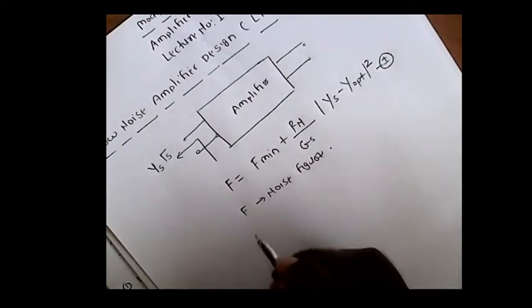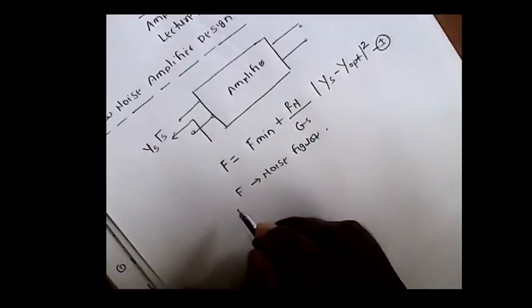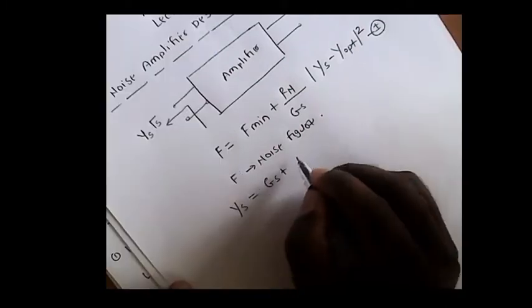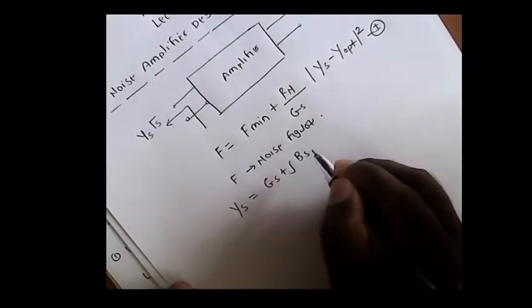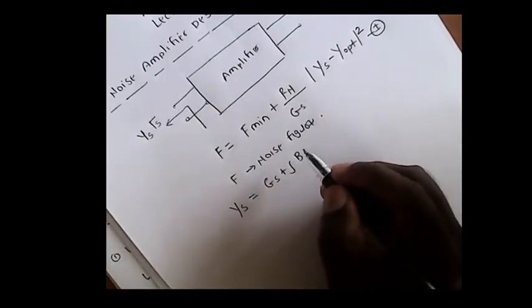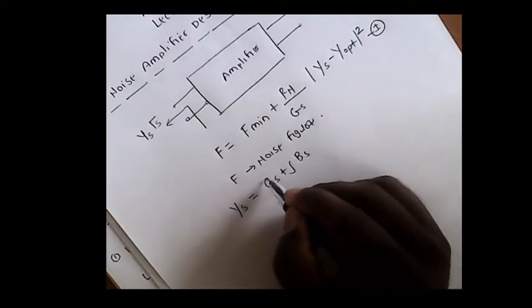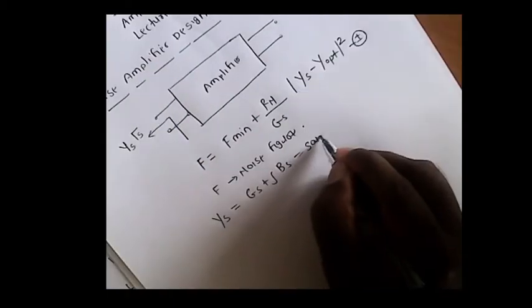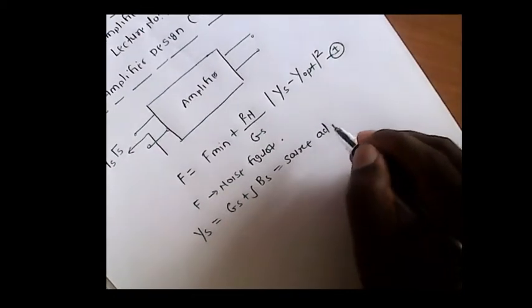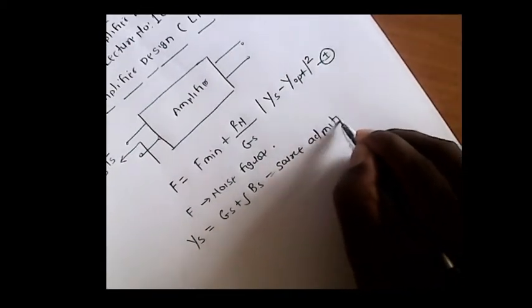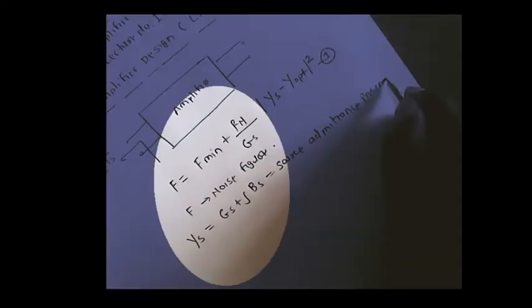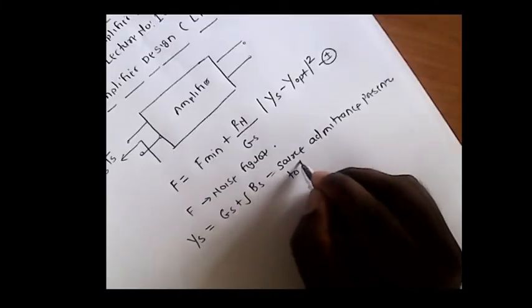Y of S is G of S plus j times B of S, a complex combination of conductance and susceptance, where G is the conductance and B is the susceptance of the source admittance presented to the transistor.